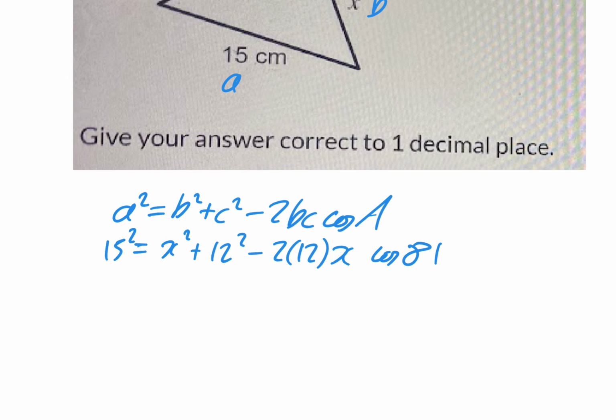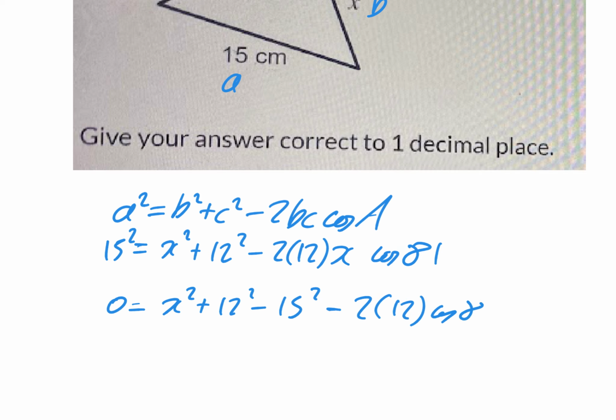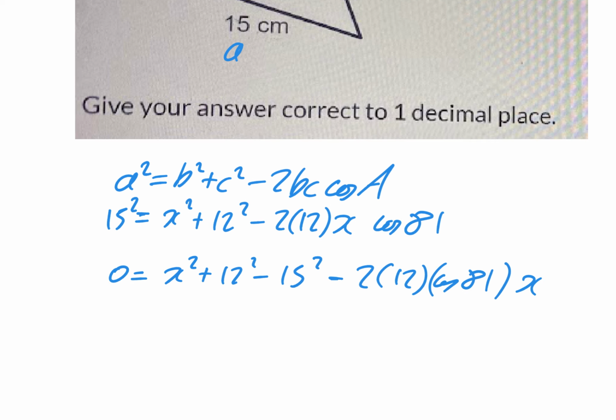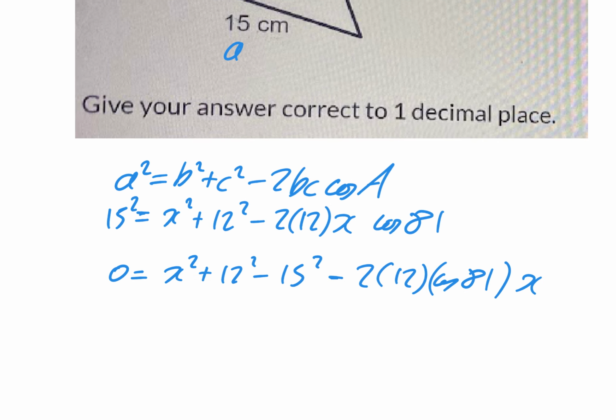We're going to bring everything over to one side. You're now going to have x squared plus the 12 squared minus the 15 squared, and then minus 2 times the 12 times the cos 81, and that's being multiplied by the x. So what we've actually got is a quadratic.